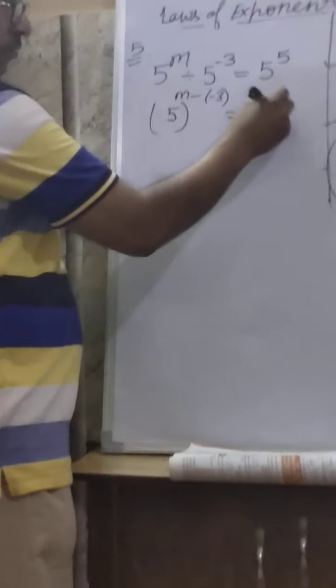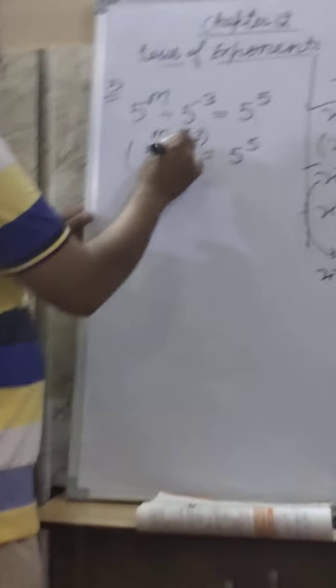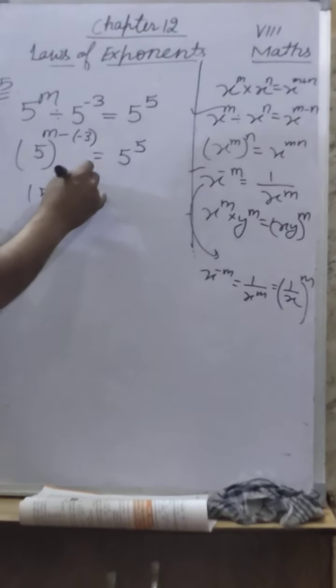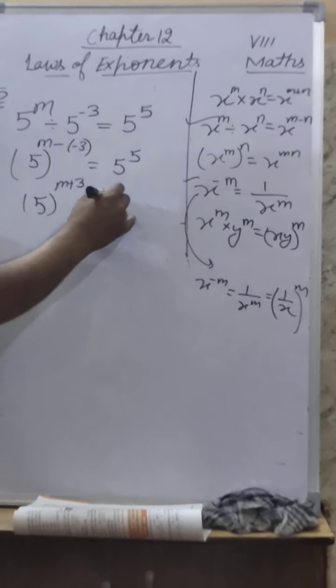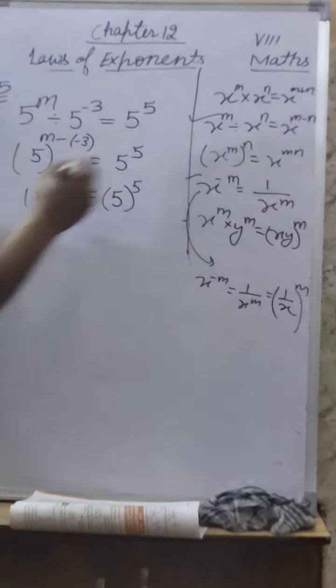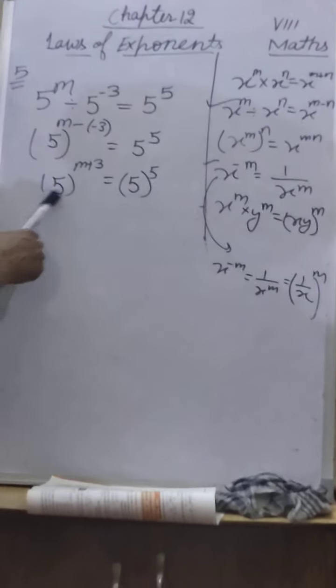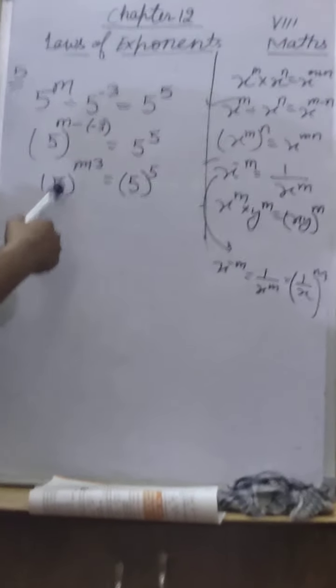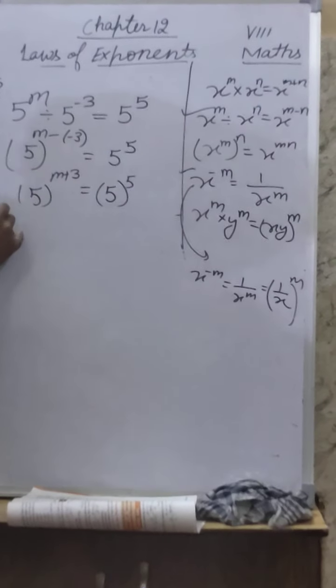So 5 power 5. So minus into minus is plus, so it is 5 power m plus 3 equal to 5 power 5. Now if the bases are equal, then the powers will be equal.